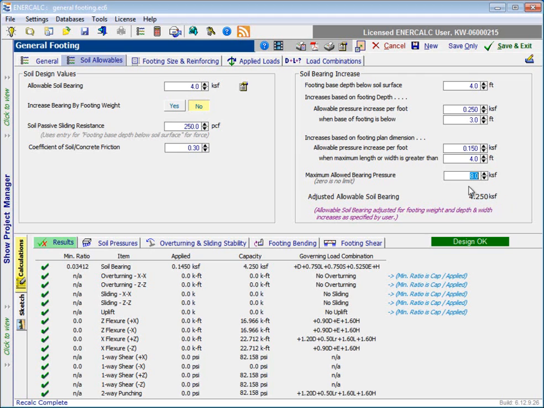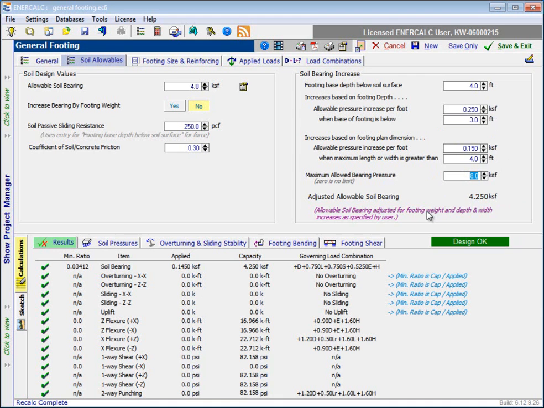And that would just see to it that this adjusted allowable soil bearing never exceeds the 8 KSF. The note indicates that a value of 0 would be considered as no limit whatsoever. So if you wanted to just let these things go as high as they can, you could just enter a value of 0 here for the maximum allowed bearing pressure, and this adjusted allowable soil bearing would just turn out to be whatever is calculated based on these values up above.